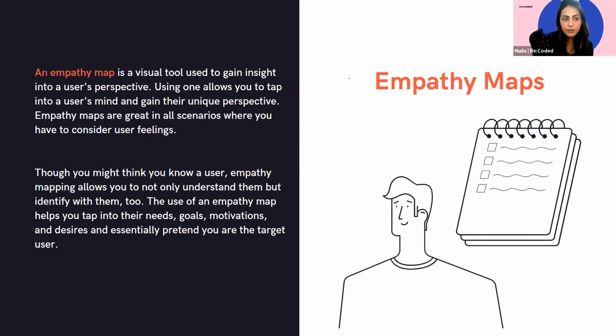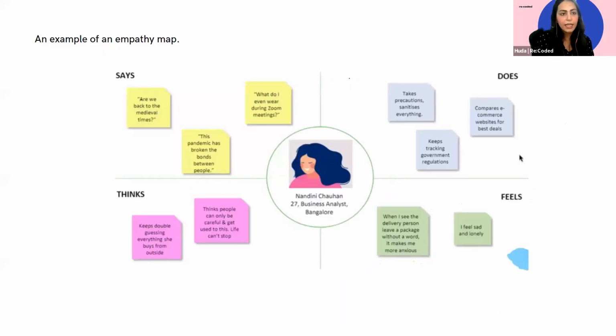Okay, another thing to do is an empathy map. After doing, let's say, your interviews, you're going to have a lot of qualitative information, and you need to simplify or analyze this information. The empathy map gives us this chance to simplify it by making a template.